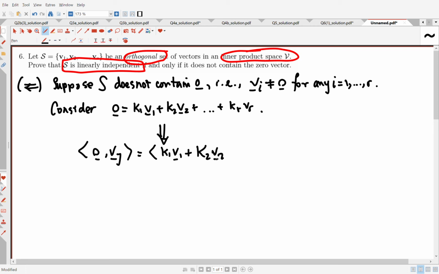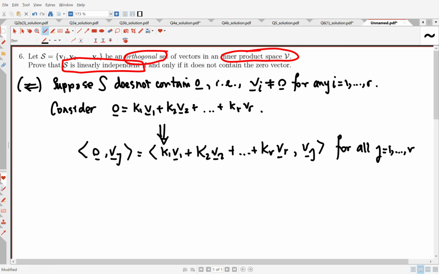The inner product of 0 with vj equals the inner product of k1 v1 plus k2 v2 plus and so on until kr vr with vj, for all j. But of course, my j must be from 1 to r.